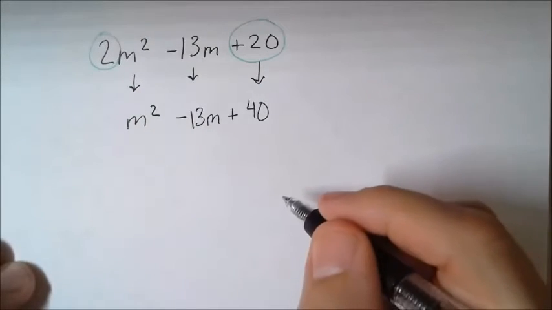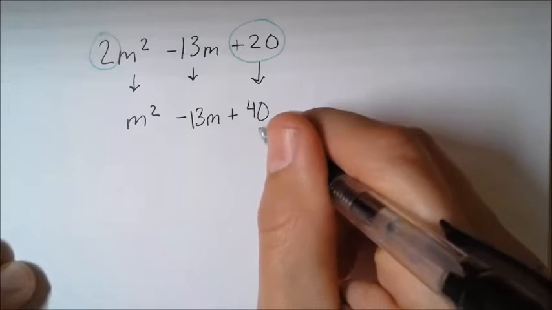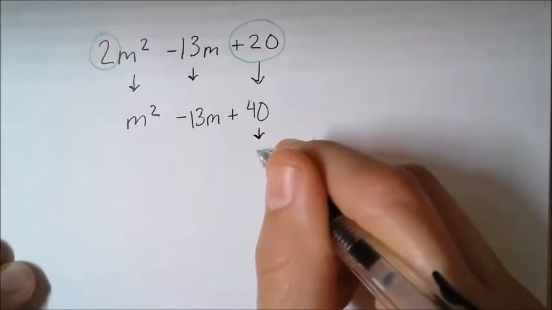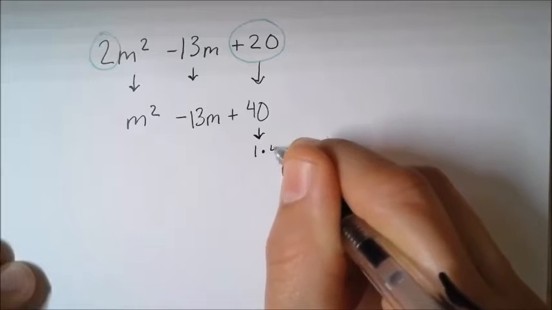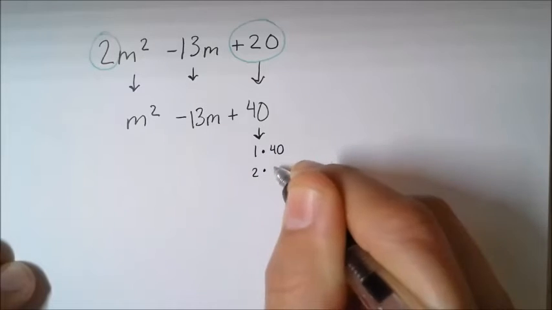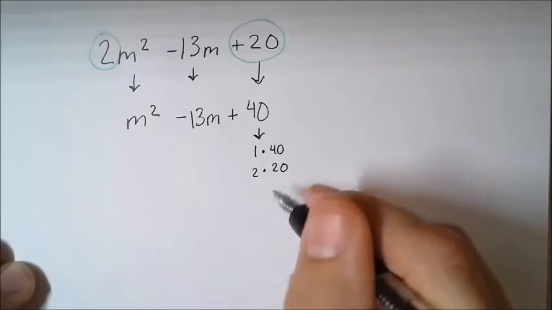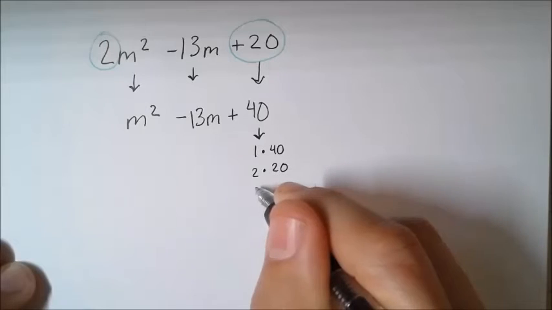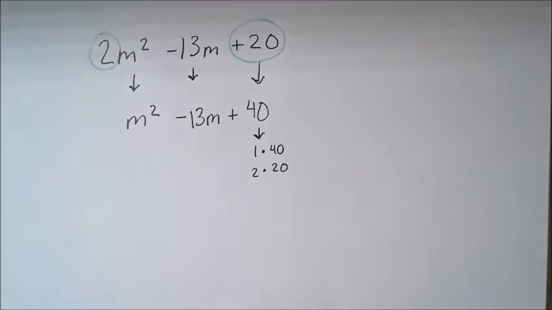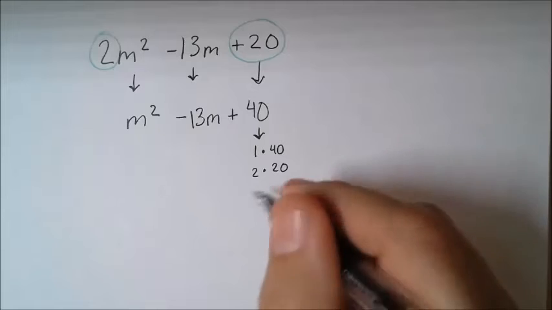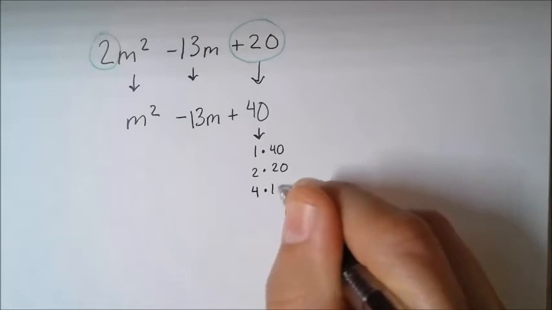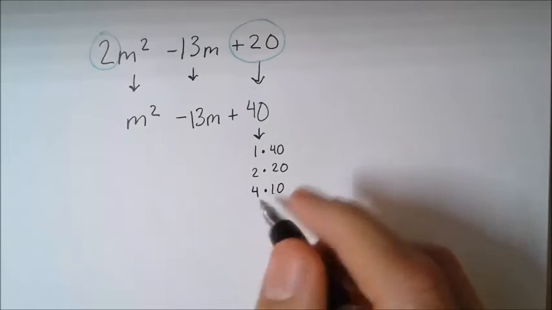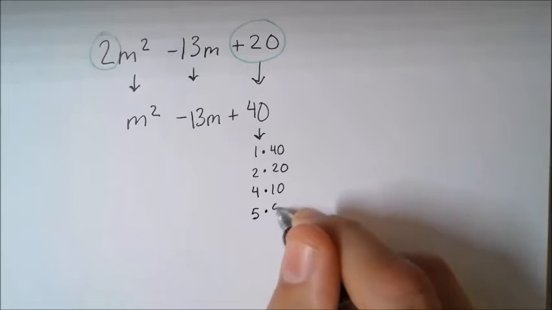Now that I got this done, I want to look at my factors of 40. So my factors of 40 are going to be 1 times 40, 2 times 20, 4 times 10, and we could do 5 times 8.